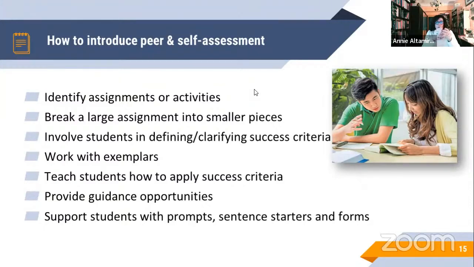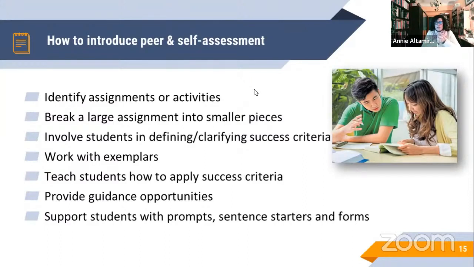Consider also breaking larger assignments into smaller pieces and incorporate peer assessment opportunities at each stage. For example, when students are doing a writing exercise, when students are doing a project, tasks that take some time, establish milestones and establish opportunities for assessment and feedback at these milestones.